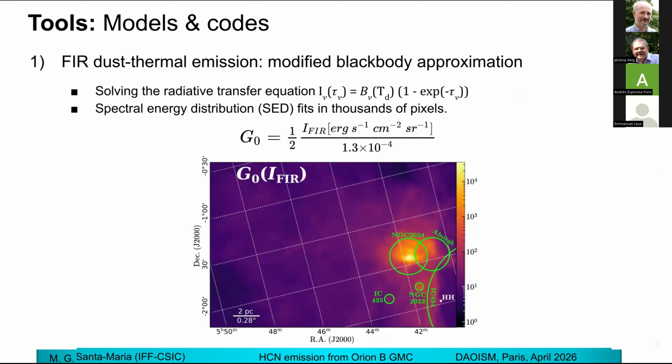And from this, we can estimate the G0 value, that is the far ultraviolet field. It's an approximation, but it's still valid. So the higher values are in the H II regions and in the edge, while towards inside the cloud it keeps decreasing to values around a few tenths of G0.